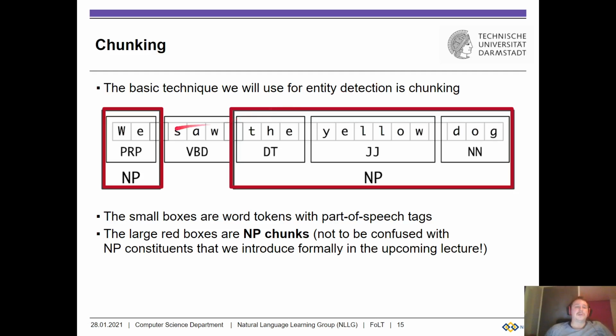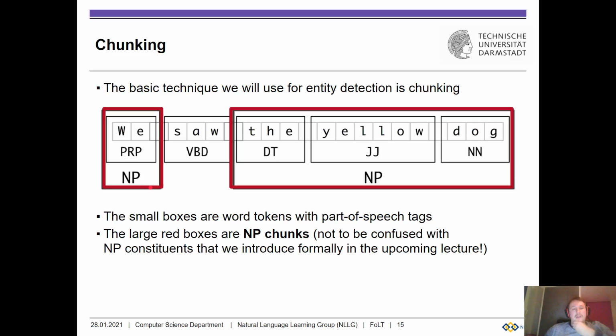Now we're going to break it into three chunks: the first one is a noun phrase, "we"; the second one is a verb, so it could be a verb phrase, like "saw"; and the third one is another noun phrase, "the yellow dog". And now in red we highlight all those chunks that we're interested in at the moment, namely noun phrase chunks.